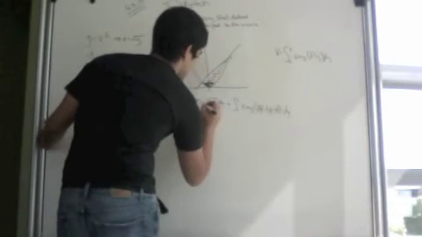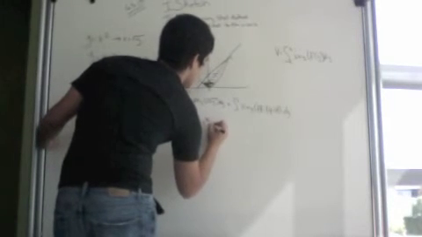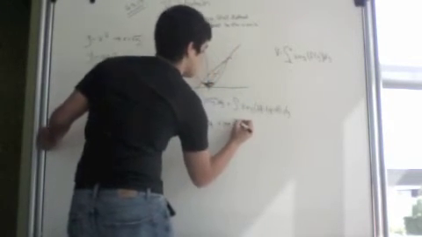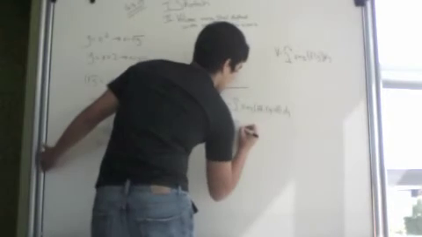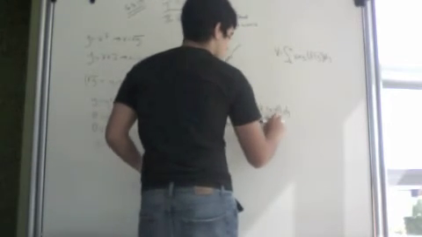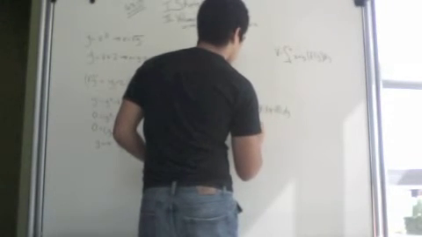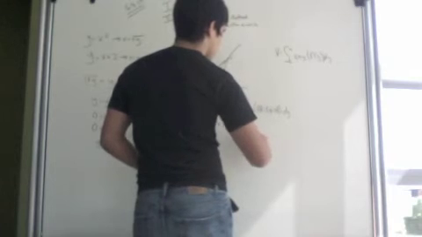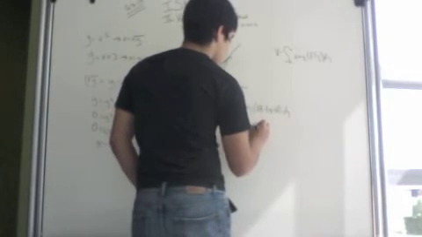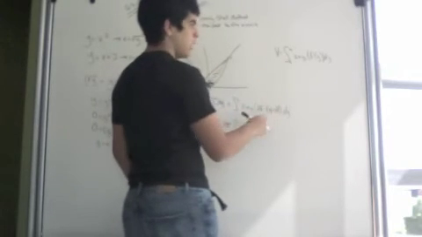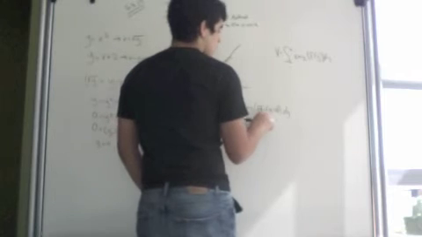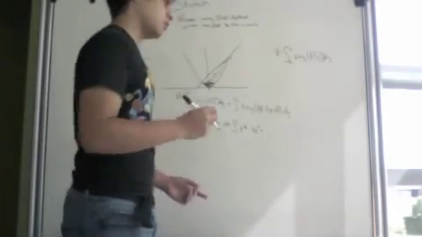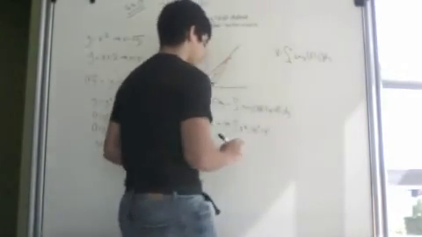We simplify this, which would be y to the 3 halves dy, plus we factor out the 2 pi from the integral from 1 to 4 of y to the 3 halves minus y squared plus 2y dy.